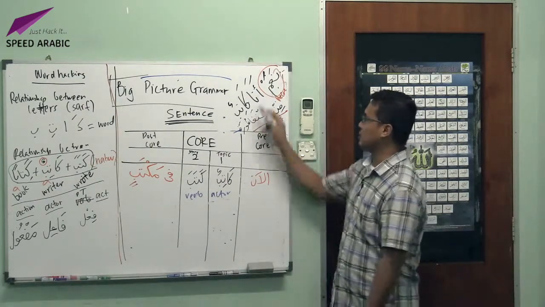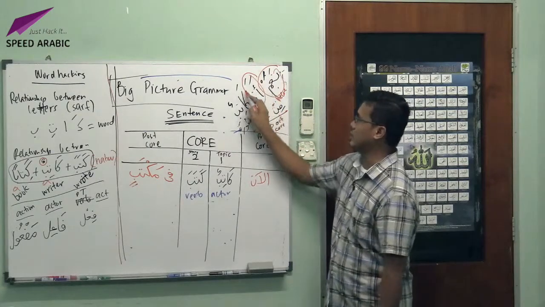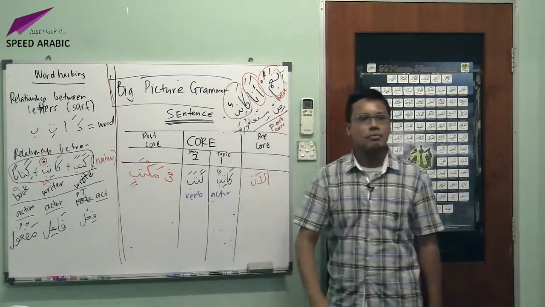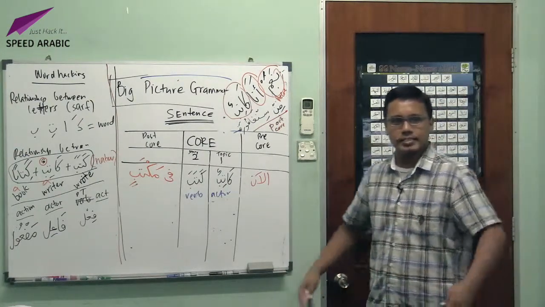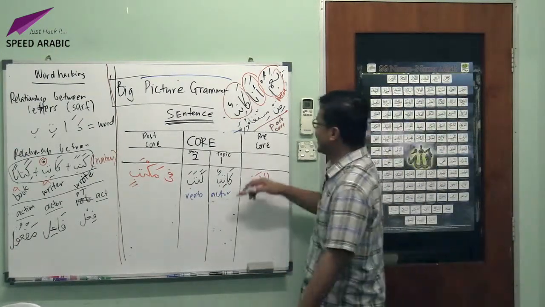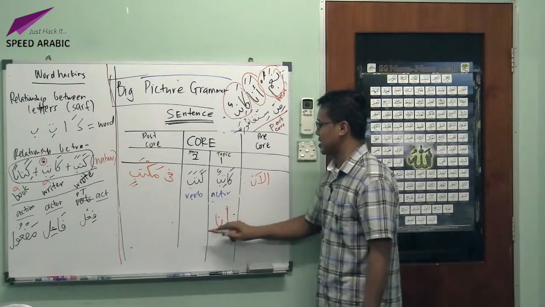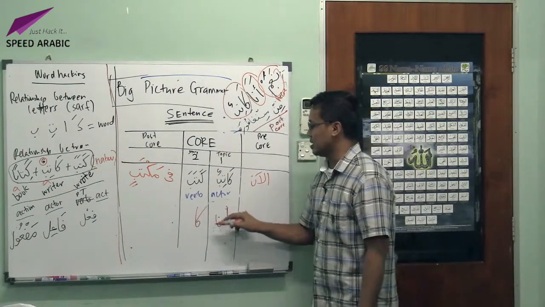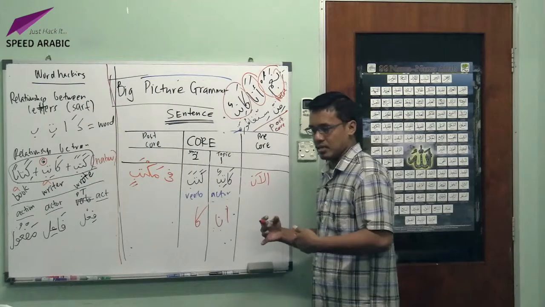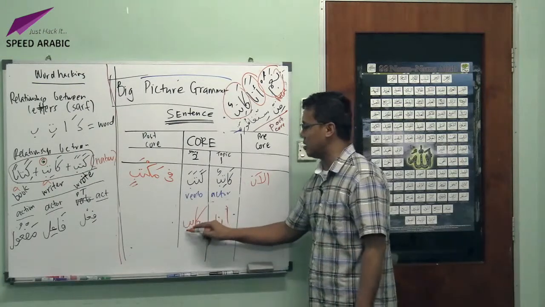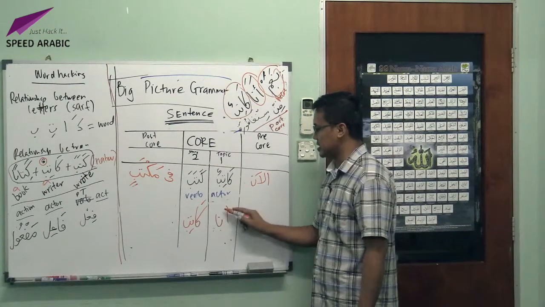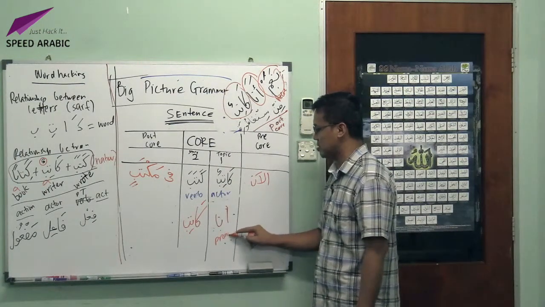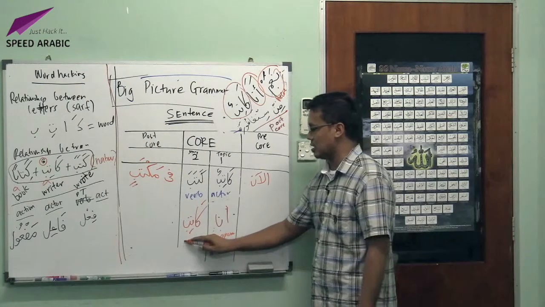How many words are you left with? Ana katib. What's the topic here? Yeah. Action. Alright. So, ana katib. The topic is about me, and I want to say that I am a writer. Okay. In this case, this would be the pronoun, and this would be the noun.